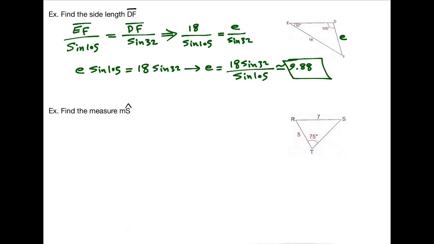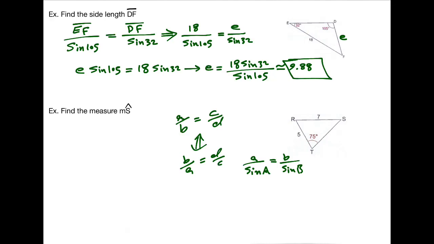By the way, there is no difference, because whenever you have A over B equals C over D, it's the same thing as saying B over A equals D over C. In the law of sines, we had a over sine A equals b over sine B. You can easily say this is the same as sine A over little a equals sine B over little b.